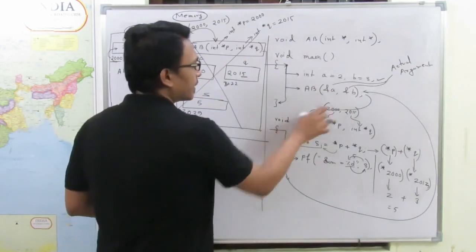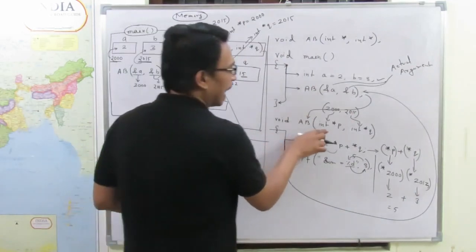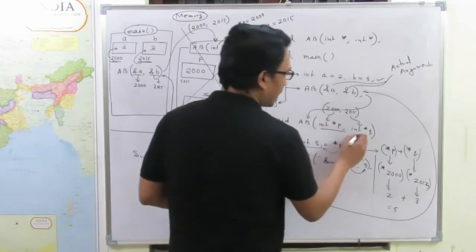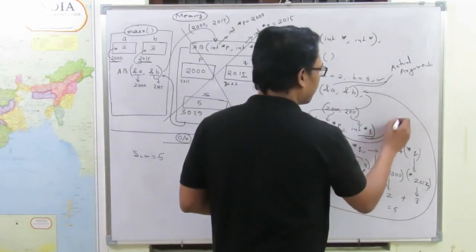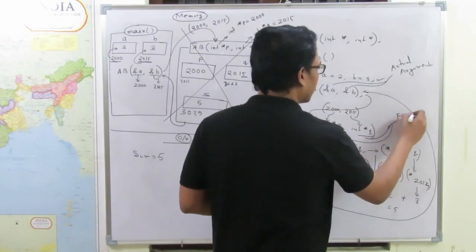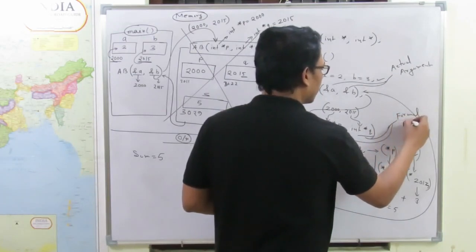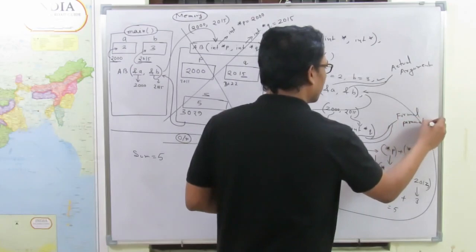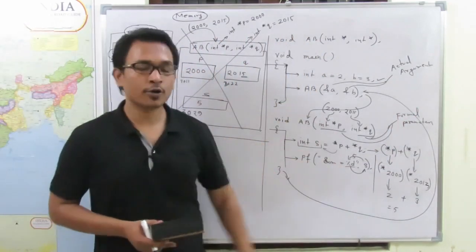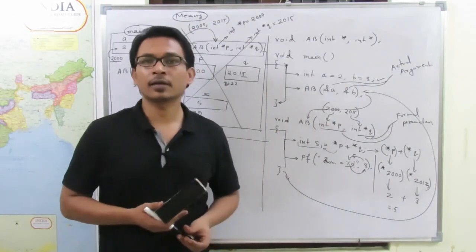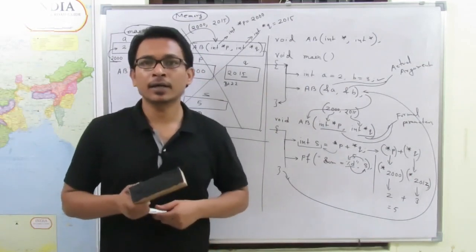And these two arguments are received by the AB function with the help of P and Q. That means P and Q are the formal parameters.